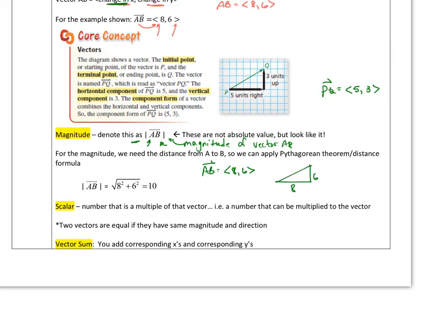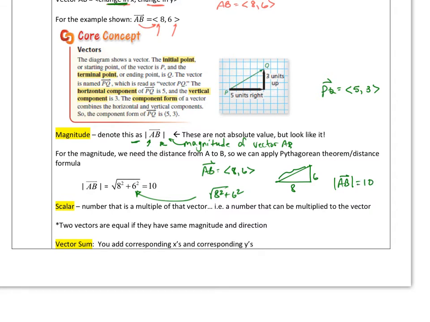So this is our magnitude, which is that distance. It's all a bunch of fancy words for now. So how do I get that distance? Well, that's the square root of 8 squared plus 6 squared. Work it out, you get 10. So the magnitude of vector AB is 10.